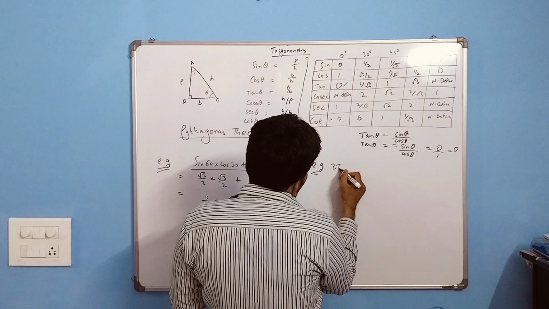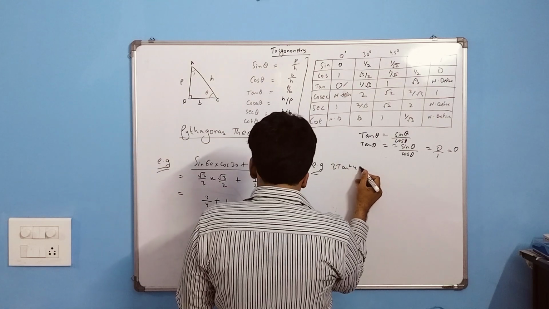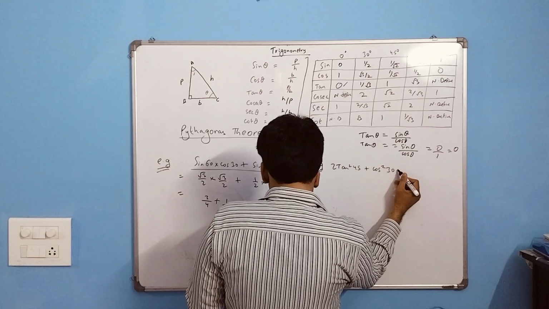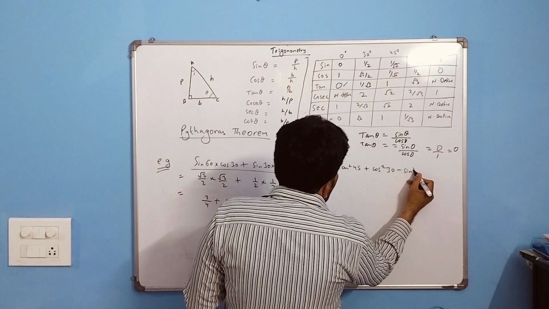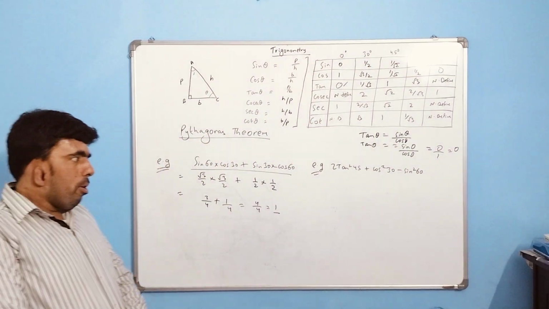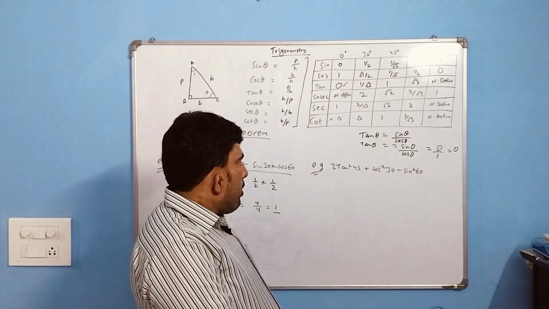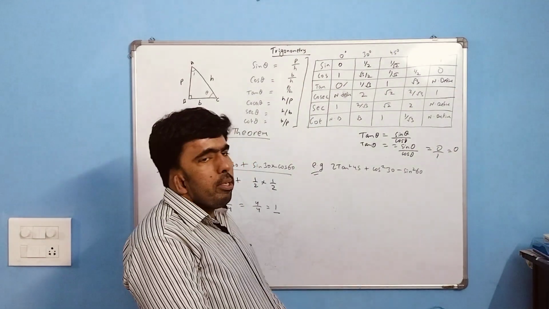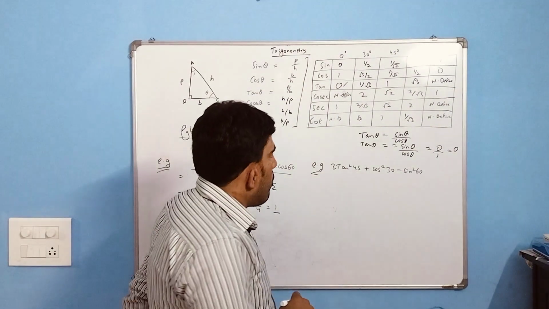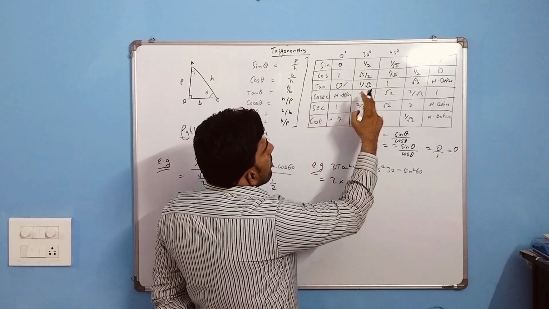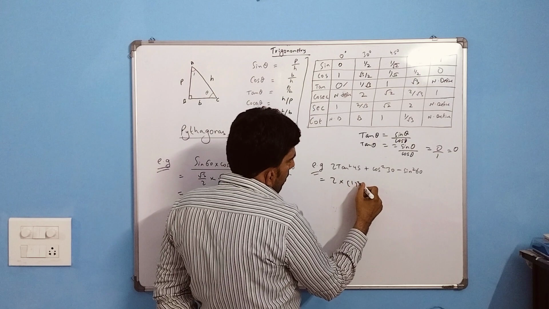They have given 2 tan square 45 plus cos square 30 minus sin square 60. How will you find this value? Very easy. 2 into tan 45, which is 1.